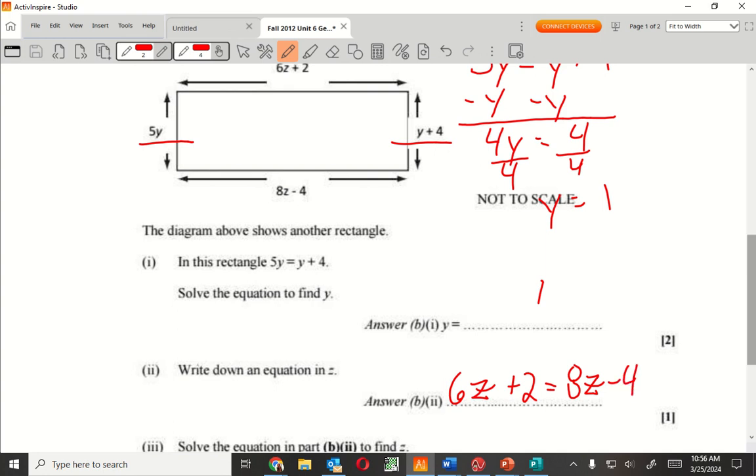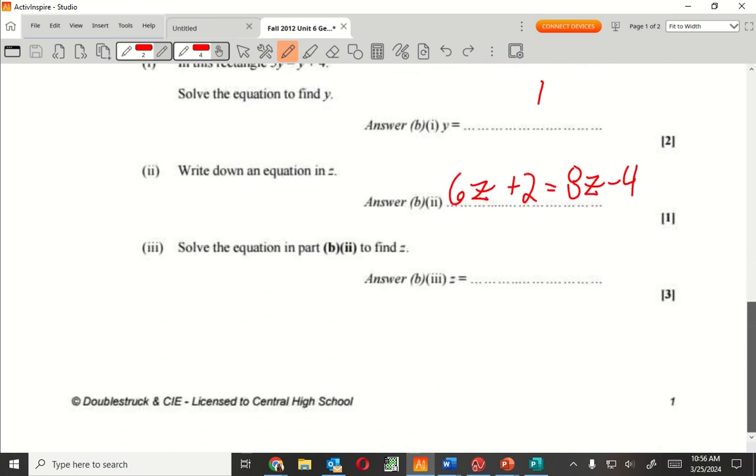So it didn't say solve for it. It said write out the equation. And then it gives you a third part, solve the equation, in part B. Yep, there you go. Now solve it for z.